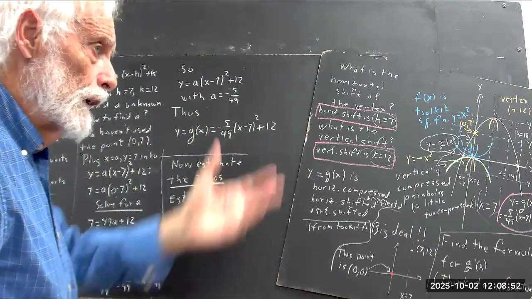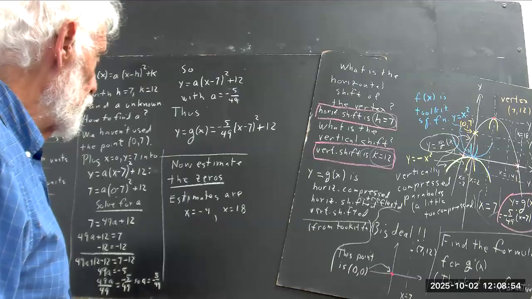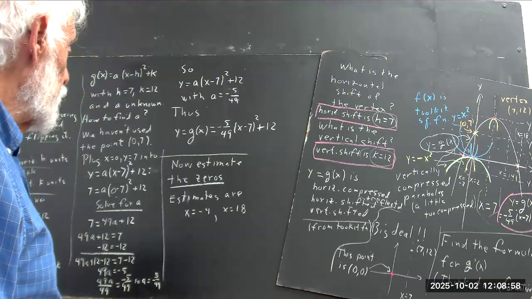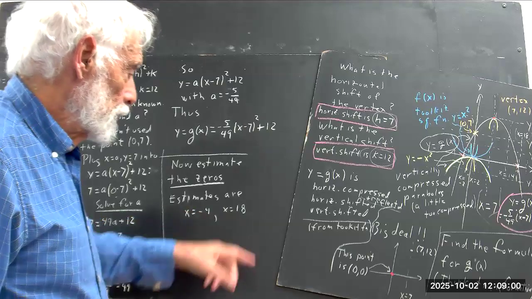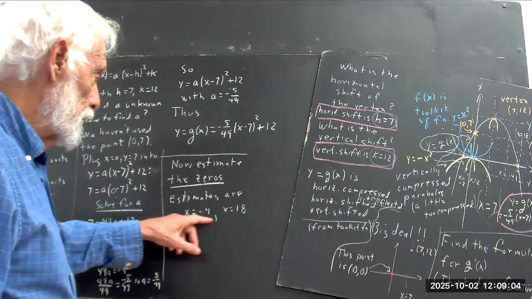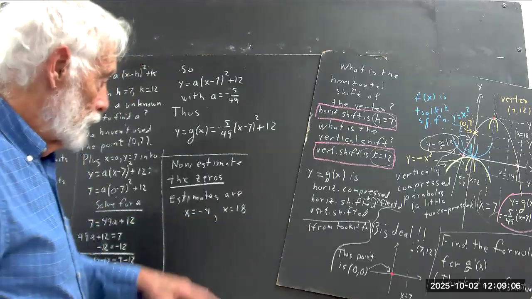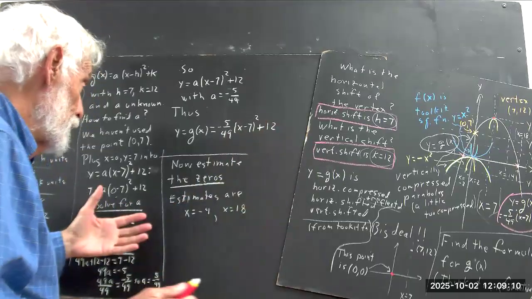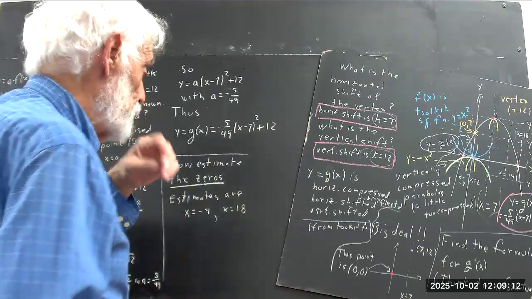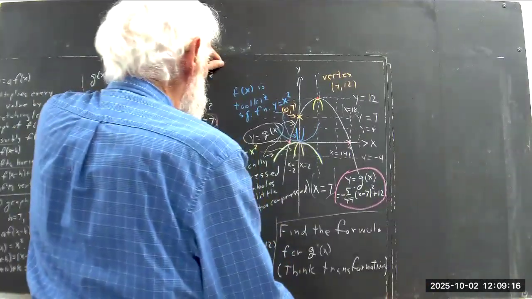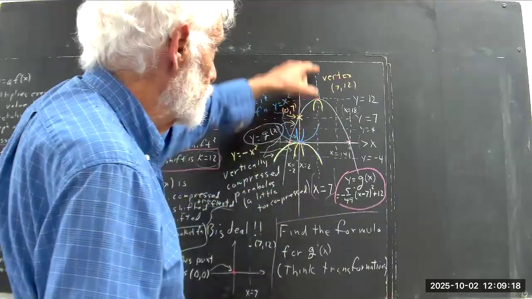Now, I made honest estimates there. I didn't figure anything out. But it turns out that those estimates make a lot of sense because x equals 7 is exactly halfway between -4 and 18. You add -4 and 18, you get 14, divide by 2, you get 7. That puts 7 right in the middle. And the reason that's important is x equals 7 is your axis of symmetry.